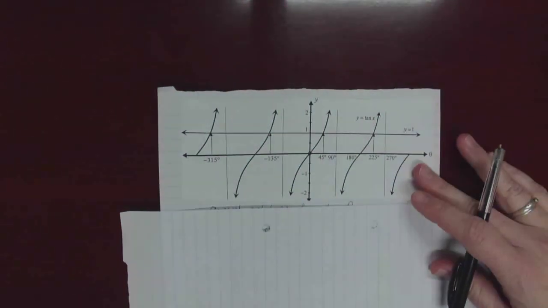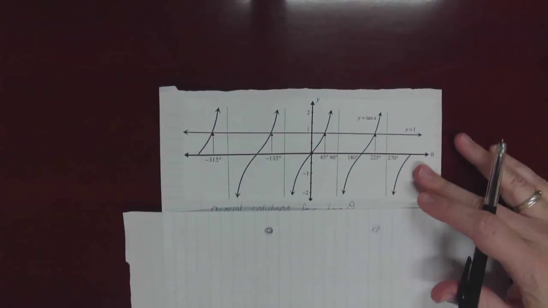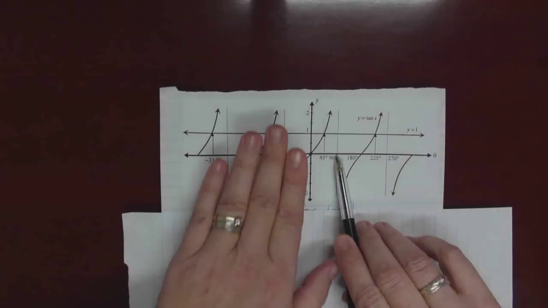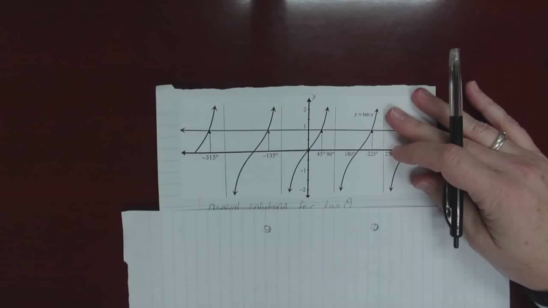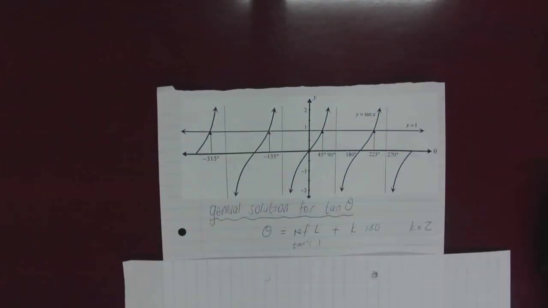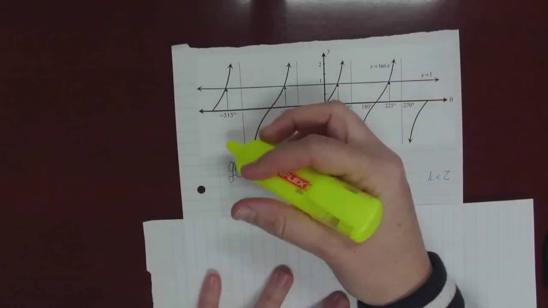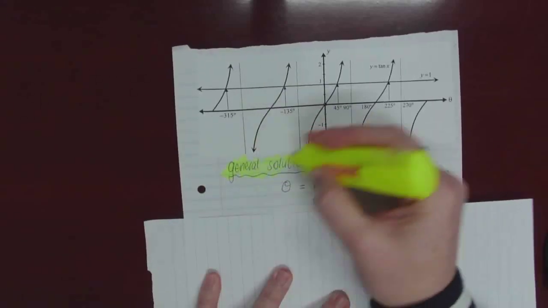Okay, so if I look at my graph there, I see that in 180 degrees I only have an up or a down. So when I read general solution for tan, tan is my special child.